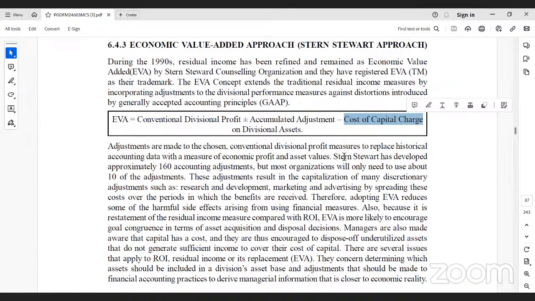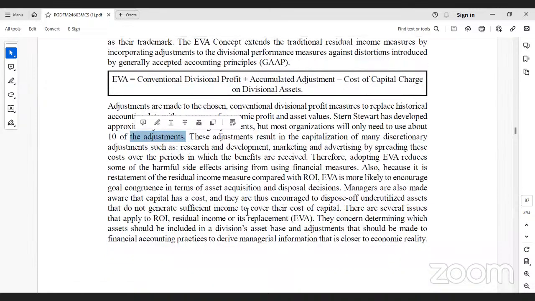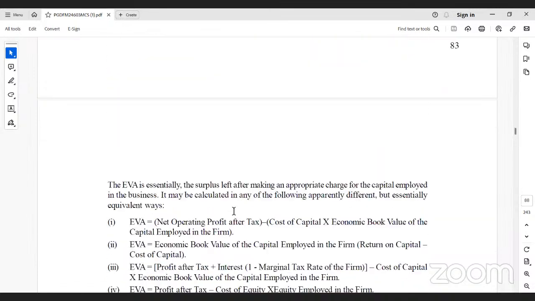Stewart suggested around 160 accounting adjustments, but most firms will probably use only 10 adjustments. These 10 adjustments adopted by the economic value added approach reduce some harmful side effects arising from using financial performance measures. Like return on investment, it will be more likely to encourage this type of investment.